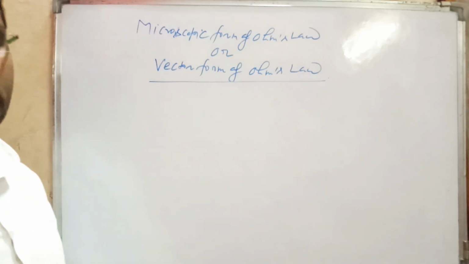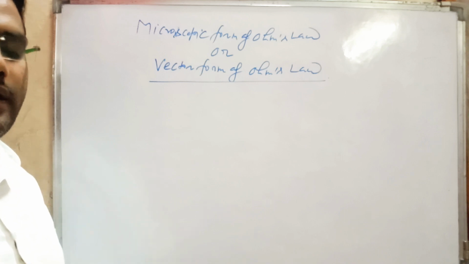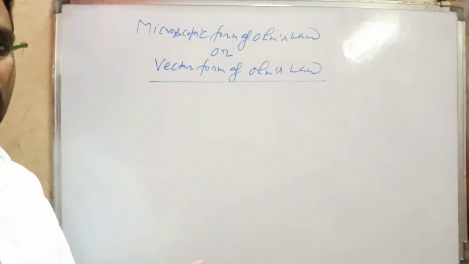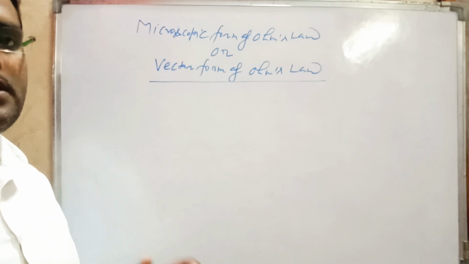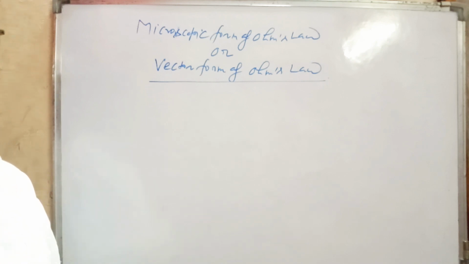According to Ohm's law, at constant temperature the electric current flowing through a conductor is directly proportional to the potential difference applied across the conductor.